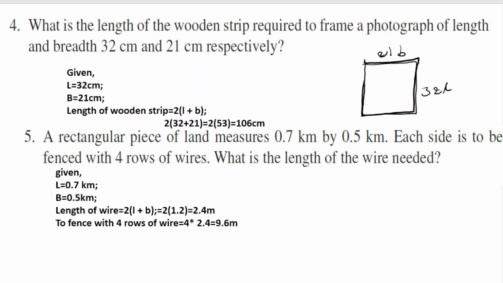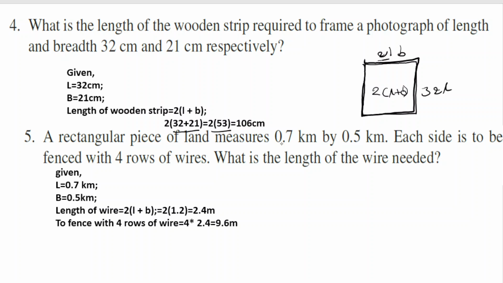So here the length of the wooden strip is nothing but the perimeter of the rectangular photograph. Here the rectangular photograph perimeter is 2 into (L plus B). Here L is given 21 centimeters and B is given 32 centimeters. So here 2 into 53 is nothing but 106 centimeters.